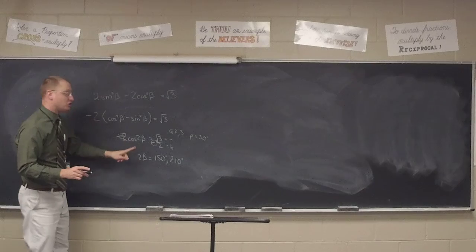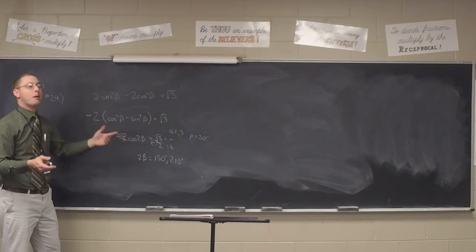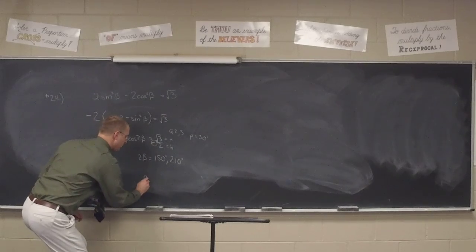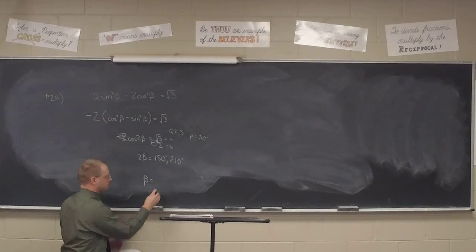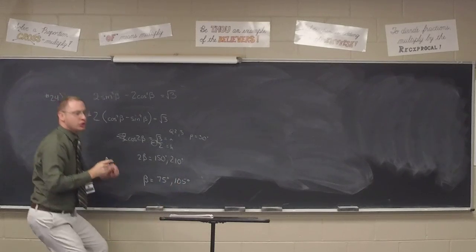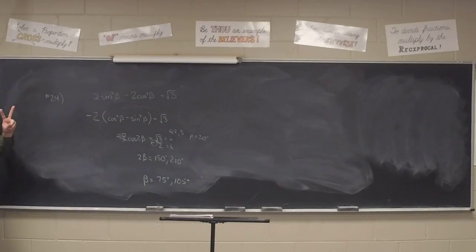But that's 2 beta. I just want beta. So I have to do what to both numbers? Divide by 2. And that'll give me beta is equal to... and you'll notice that's 2 of the answers you got for number 24.